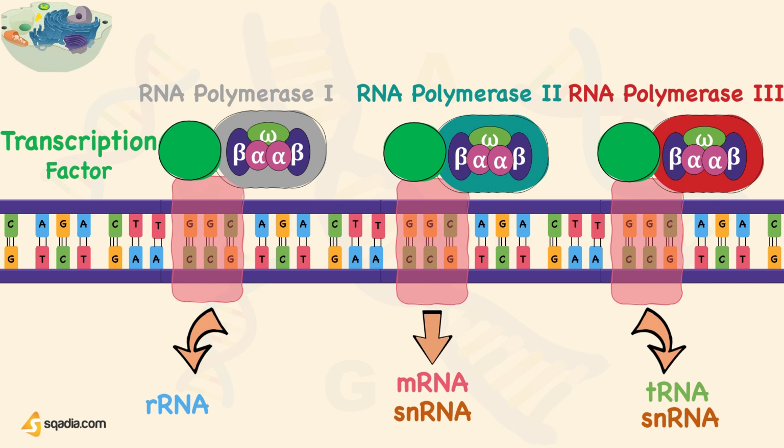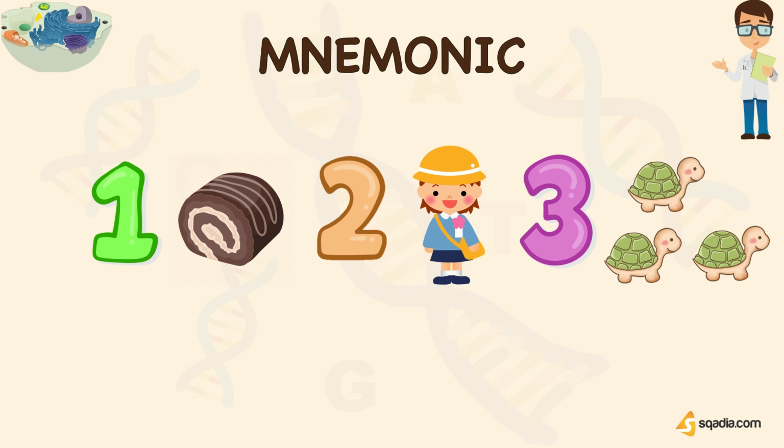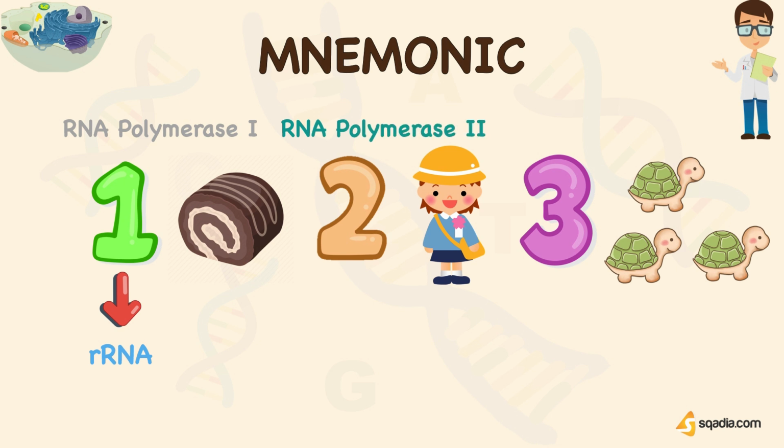To remember all of this, have a mnemonic in your mind. One roll to my 3 turtles. 1 means RNA polymerase I. Roll means ribosomal RNA. To means RNA polymerase II.